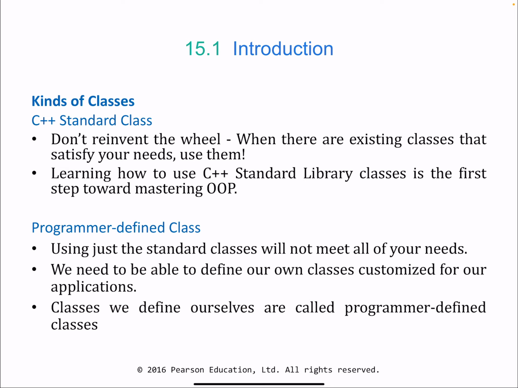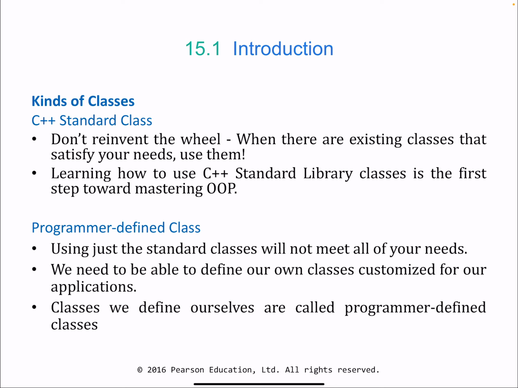Now, there are 2 kinds of classes, kind of like there are 2 kinds of functions that we've seen in C. There are the functions that are part of the standard library, and in C++, the corresponding thing we have are C++ standard classes. And the advantage of having them is, of course, that you do not have to reinvent the wheel.